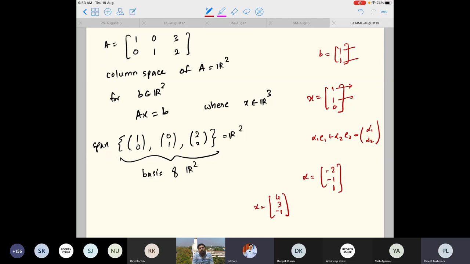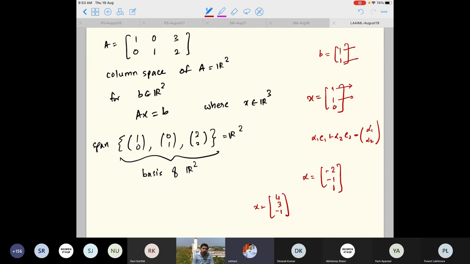That is fine. That will be a solution. That's it? Only 3 solutions? Or will there be any more? Infinite. There will be infinitely many.